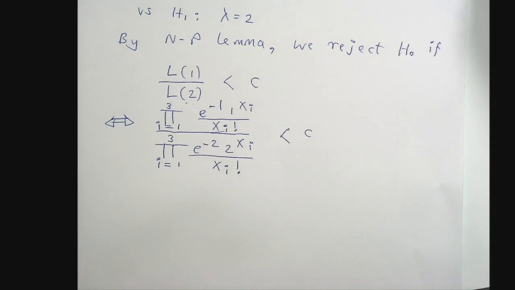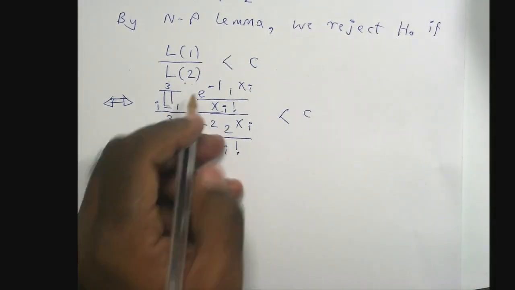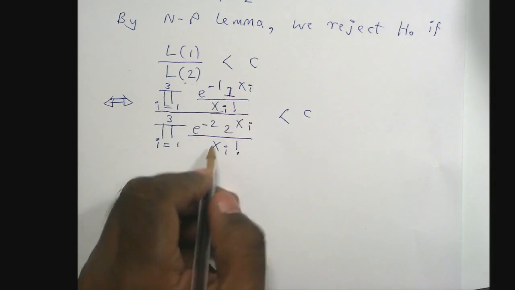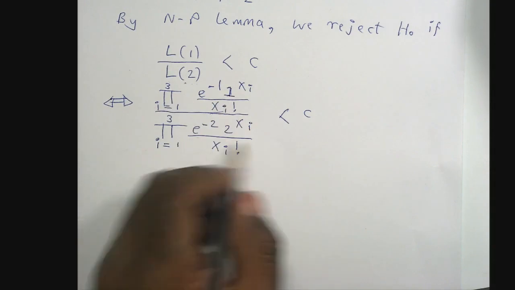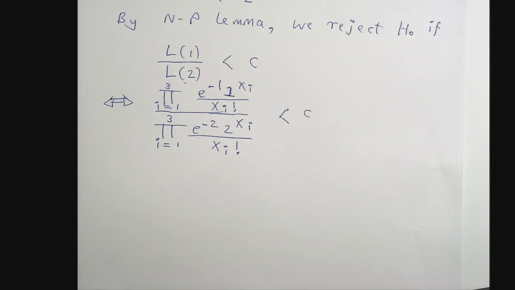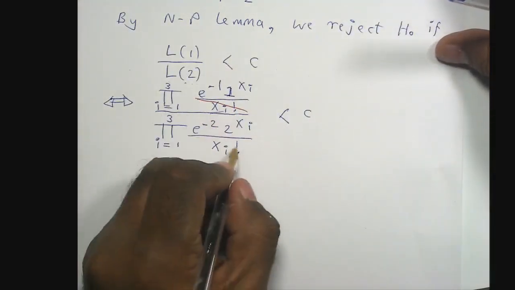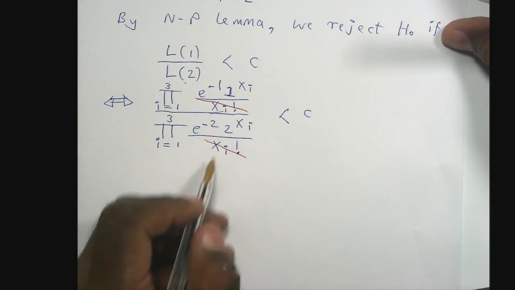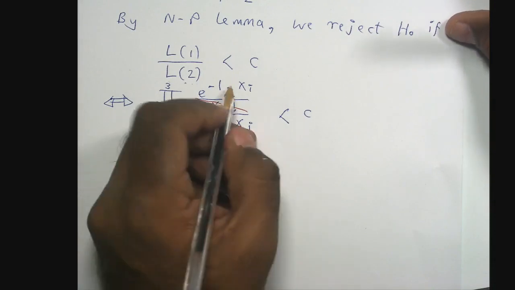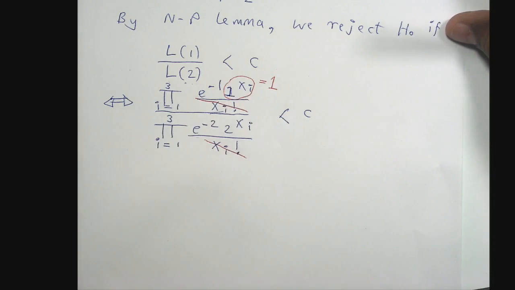All right, the likelihood at lambda equal to 1 over the likelihood at lambda equal to 2 is less than a constant c. Now you can see that the x_i bar cancels, x_i factorial cancels with x_i factorial, and 1 to the power of anything is also equal to 1, right?